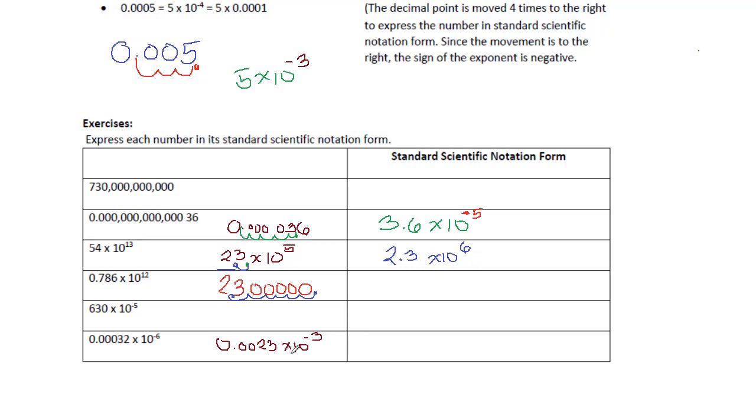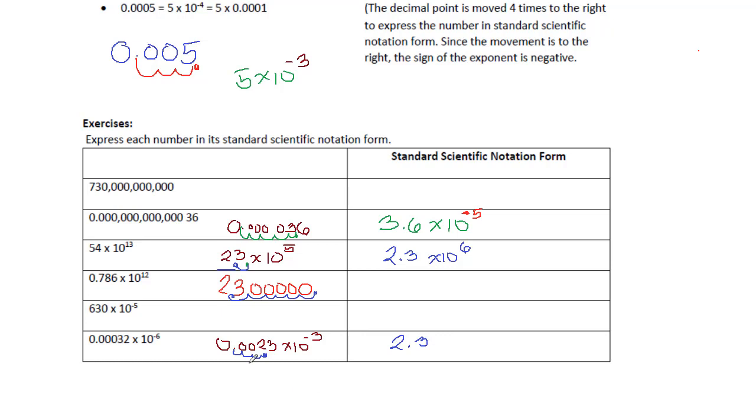Similarly here, 0.0023 times 10 to the negative 3. This is not the standard way of writing because the base here is not between 1 and 9. So what shall we do? Well, we just move the decimal place 1, 2, 3 until we get a number with one digit to the left. So it will be 2.3.